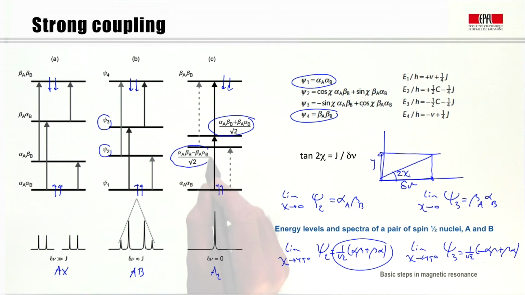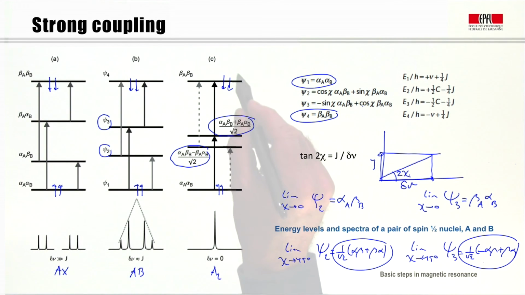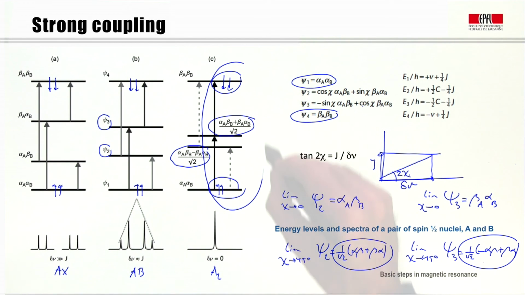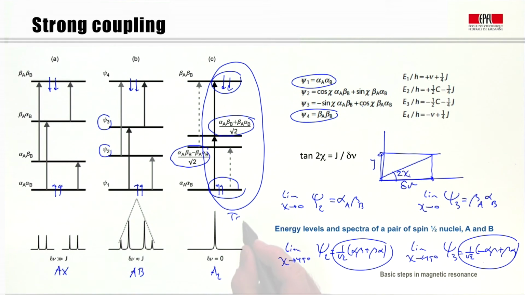Whereas the other wave function, this one here, is anti-symmetric with respect to permutation of the spins. It turns out that this first state, together with the top state and the bottom state, these three together form what is known as a triplet. That is to say, three states of the same symmetry, whereas this one here is known as a singlet.